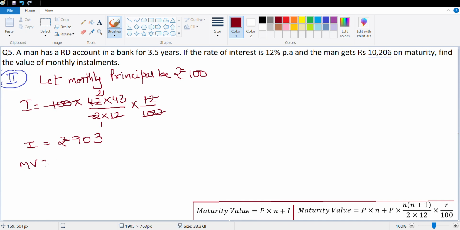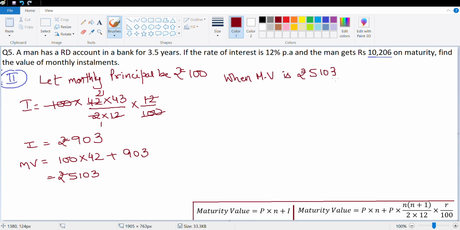And the maturity value would be equal to P, which is 100, into the time period, which is 42 months, plus I, which is 903. So this is 4200 plus 903, which is 5103. So now we'll use the unitary method. When maturity value is rupees 5103, principal is rupees 100.